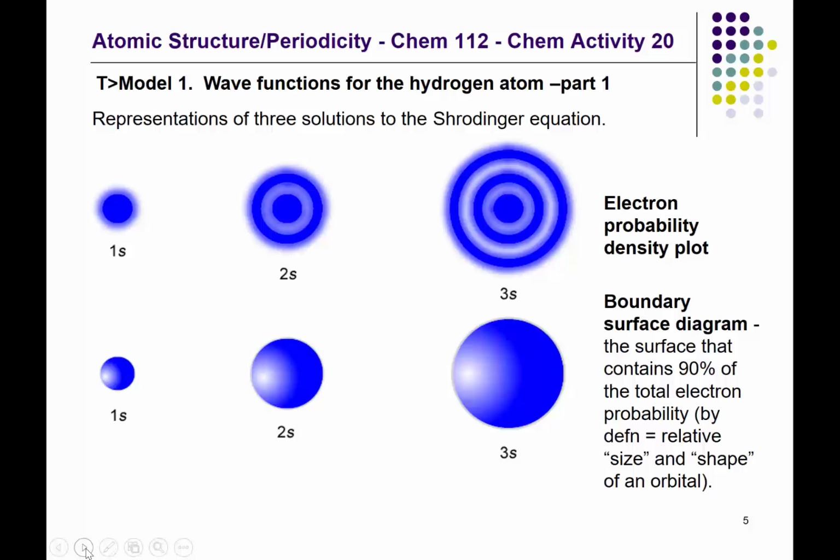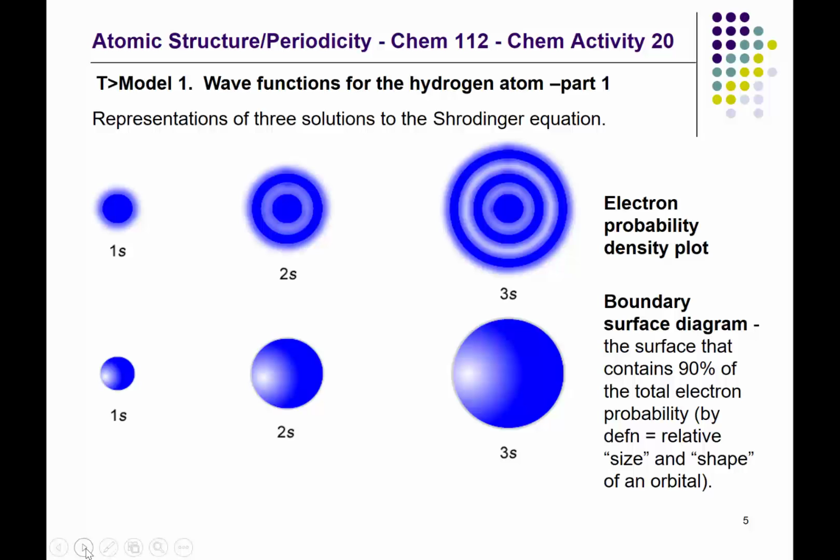It's hard to understand what the wave function is representing, but we do know that the square of the wave function represents the probability of finding the electron a certain distance from the nucleus, within some somewhat defined boundary. These are often represented as electron probability density plots or boundary surface diagrams.